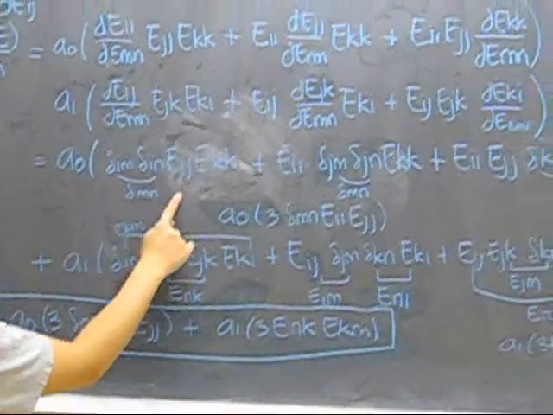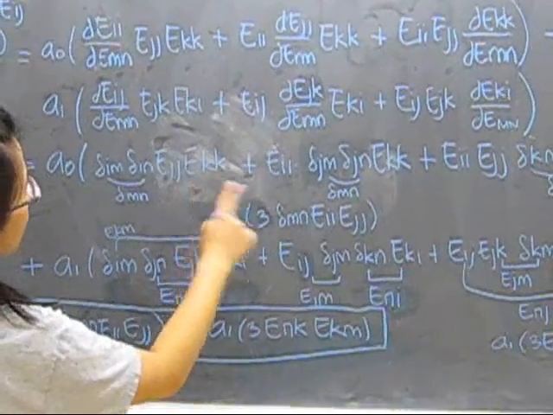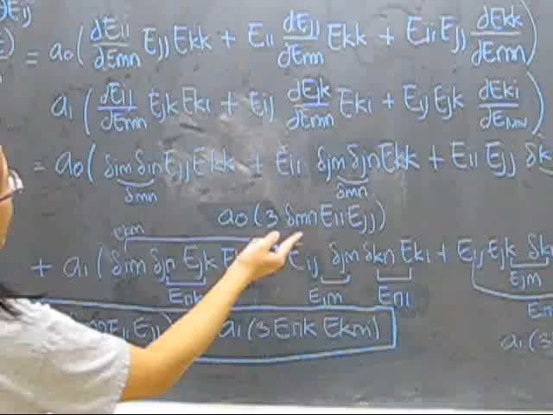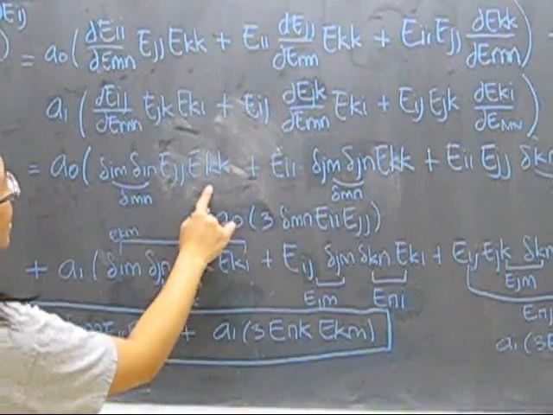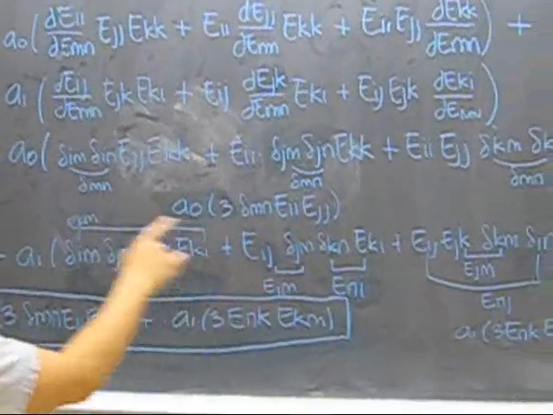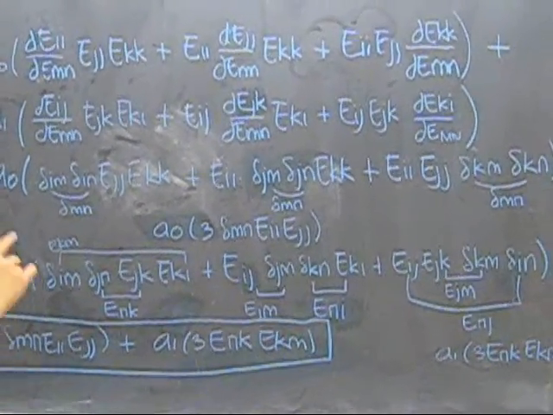And it's equal to 3 times delta_MN A1 E_II, because E_JJ, E_KK, and E_II are all the same, so you can just sum them.